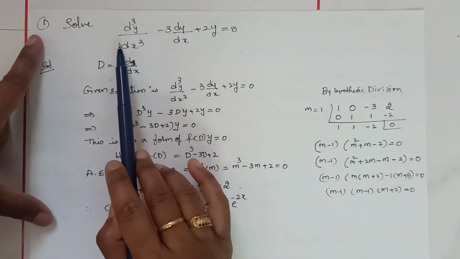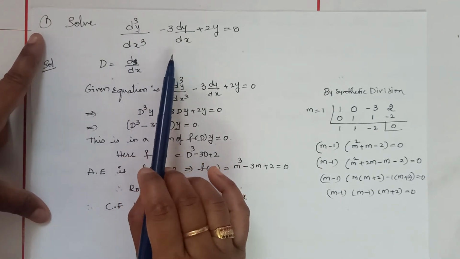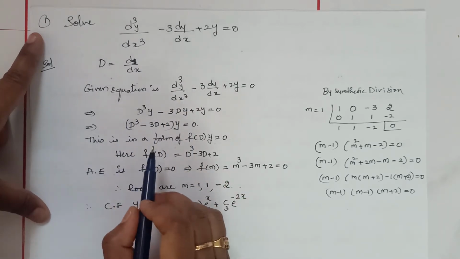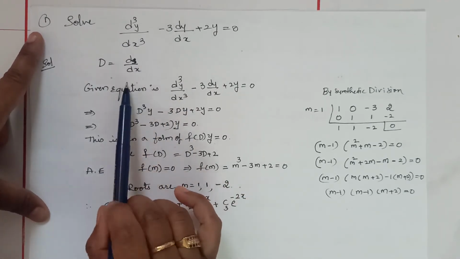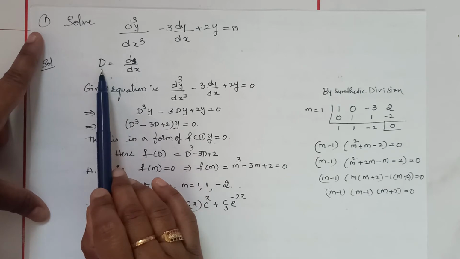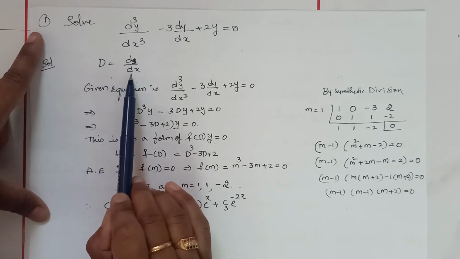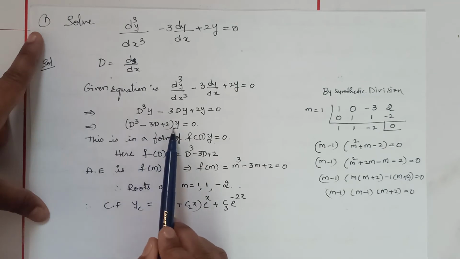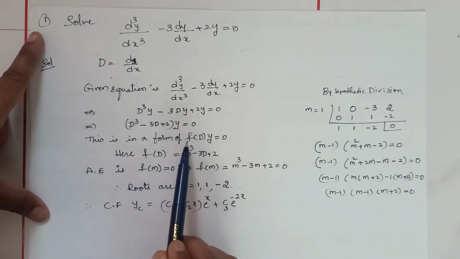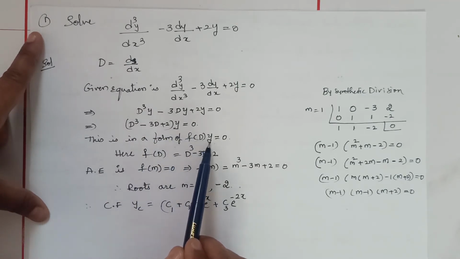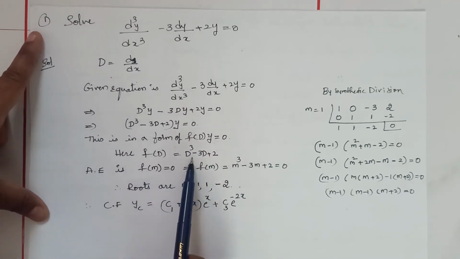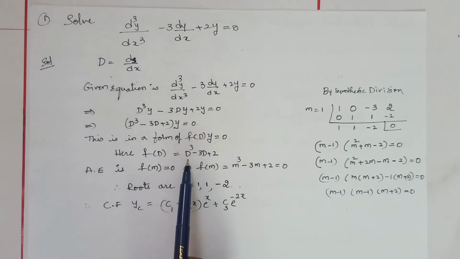Remember, whenever you have a differential equation of higher order, you need to find the auxiliary equation. By substituting the differential operator capital D is equal to d by dx, you get the form f of d into y is equal to 0. Once you get that form, find the auxiliary equation by substituting d is equal to m.